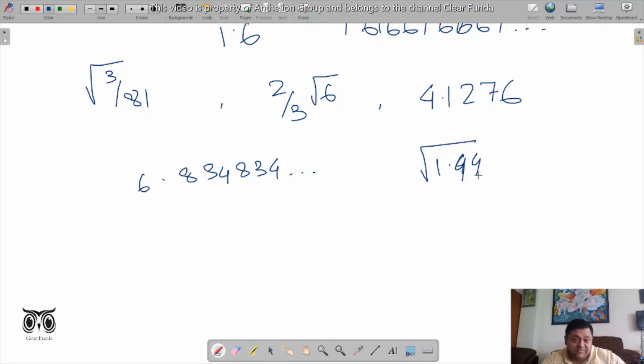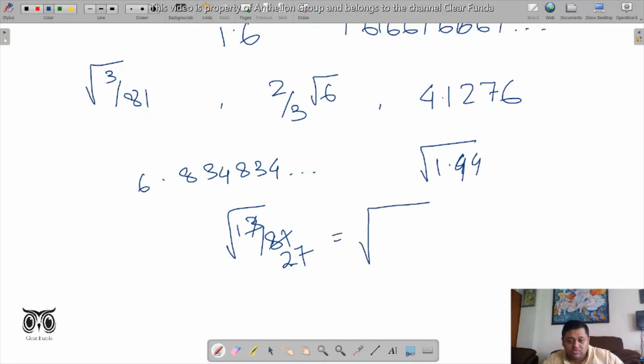So let's take the first one. √3/81. If we divide this, it is 1 by 27, right?